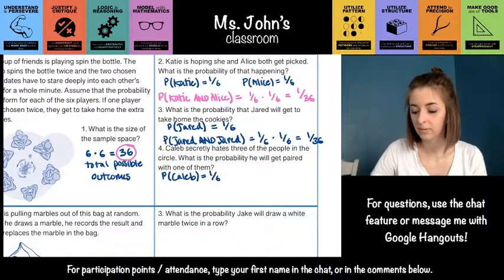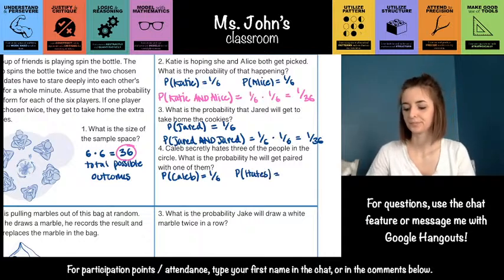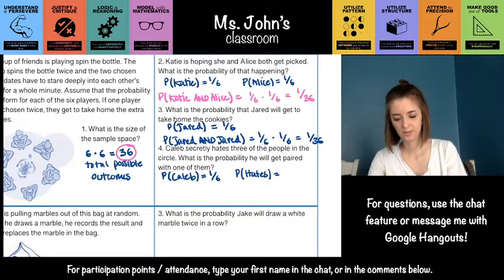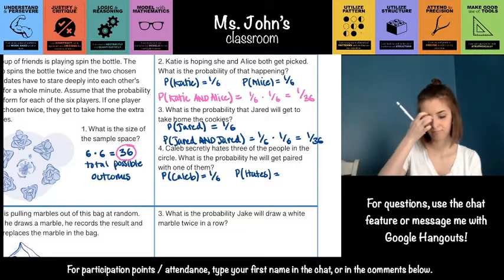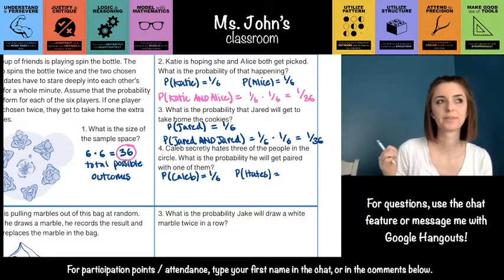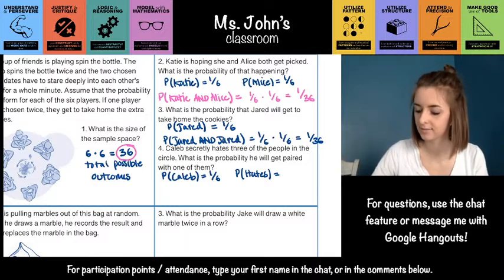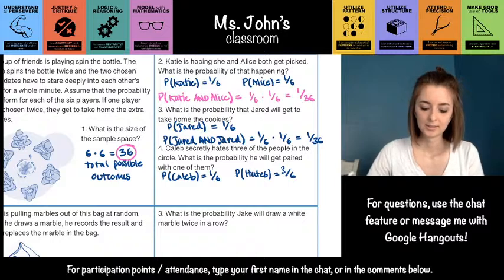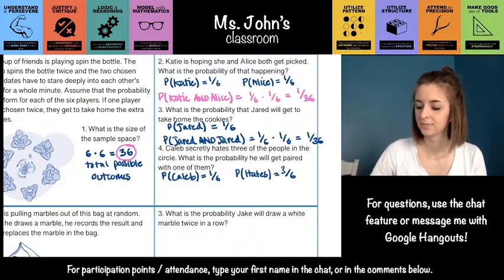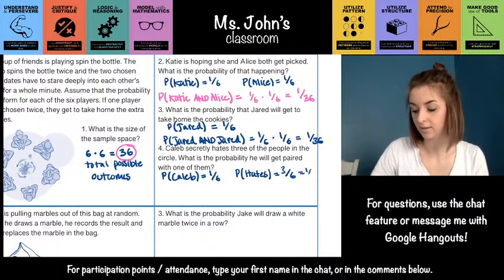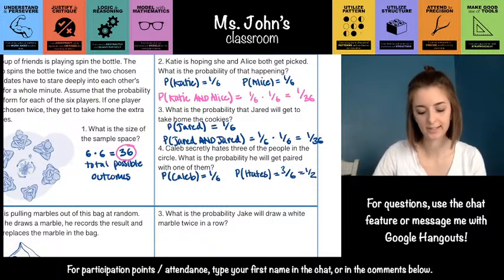And then the probability of somebody he hates getting chosen is, well, 3 of them, right? 3 out of the 6. And that just reduces to 1/2. Not that that's super important. We could have left it.